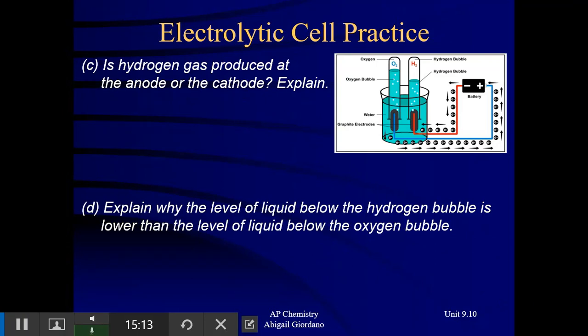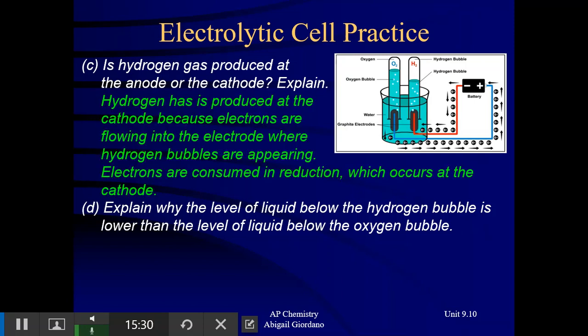Part C says, is hydrogen gas produced at the anode or the cathode? Remember guys, the designations are the same. Anode is wherever oxidation is taking place. Cathode is wherever reduction is taking place. So hydrogen is produced at the cathode because electrons are flowing into the side, the electrode, where hydrogen bubbles are appearing.